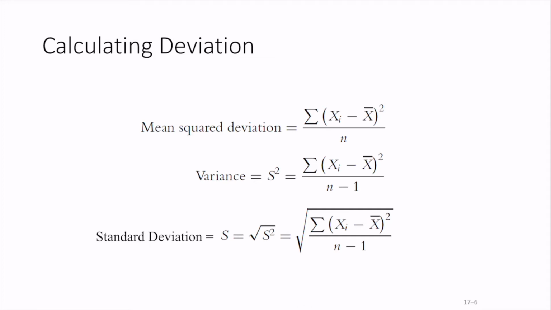And again, forgive my penmanship, but you have the deviation, and there's the index, which is just the number for it, is equal to the variable, it could be 1 to whatever, minus x bar, which is the mean of the sample.